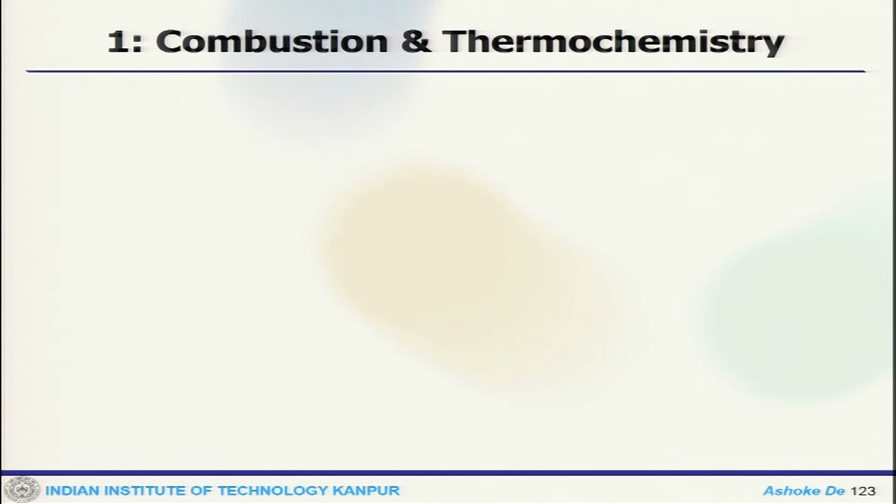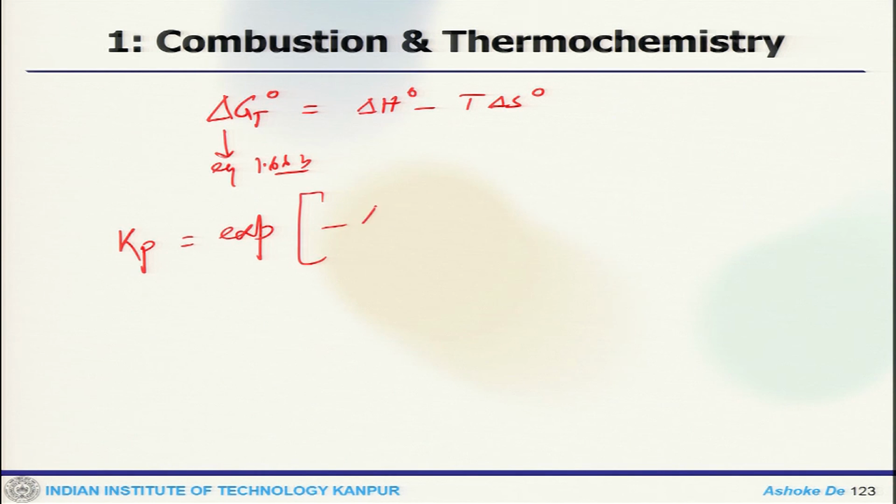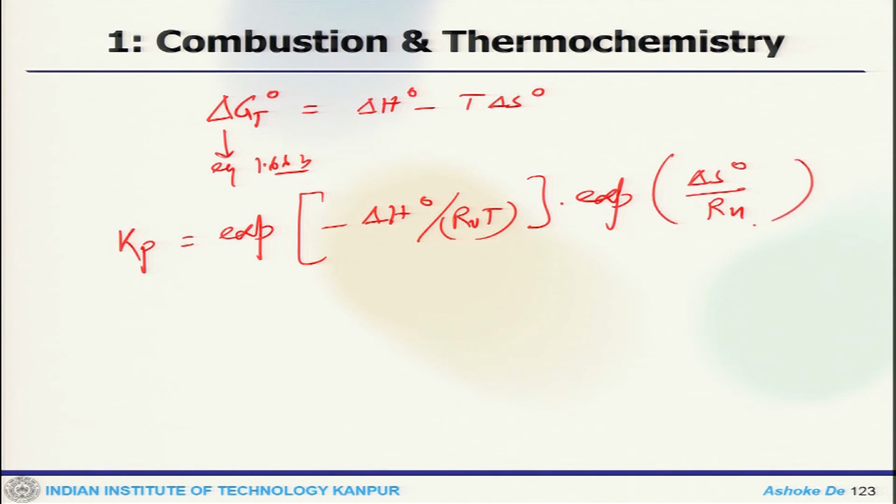Now similar physical insight one can obtain by considering the definition of delta G naught in terms of enthalpy and entropy change, which is delta G naught is delta H naught minus T delta S naught, and if you put this back in equation 1.66, you get Kp is exponential of minus delta H naught by Ru T times exponential of delta S naught by Ru.